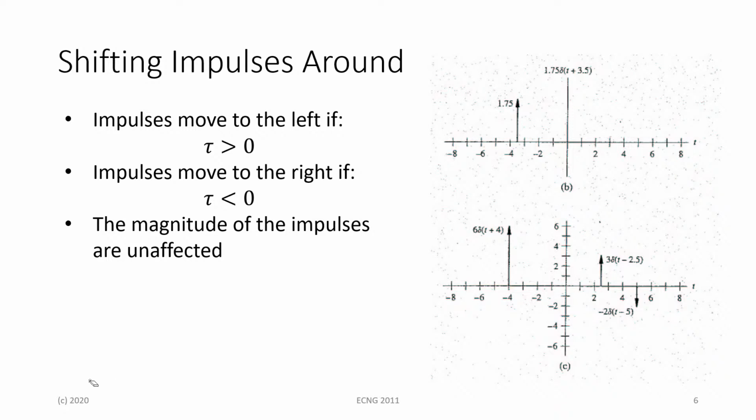So, impulses will move towards the left once tau is more than 0, and impulses will move to the right if tau is less than 0.